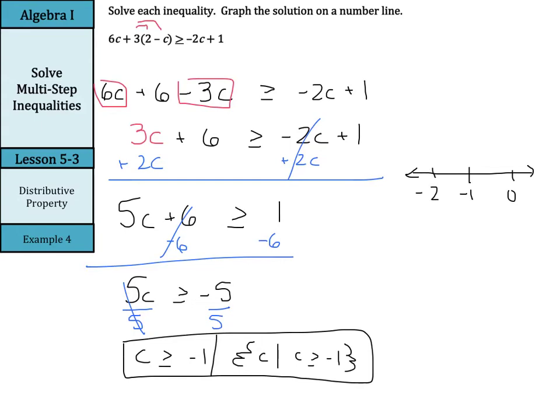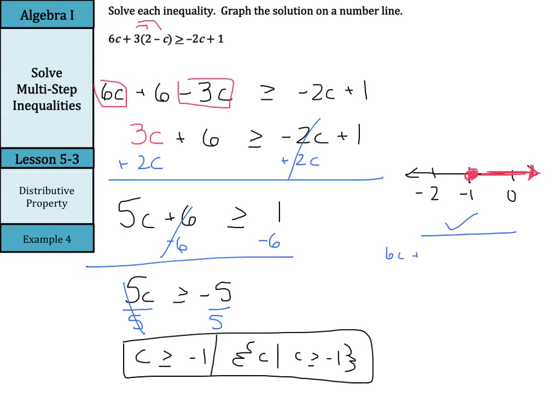Let's put a circle at negative 1, but we'll shade it in since we have the or equal to, and test, is 0 greater than or equal to negative 1? Yeah. 0 is greater than or equal to negative 1. Is negative 2 greater than or equal to negative 1? No.